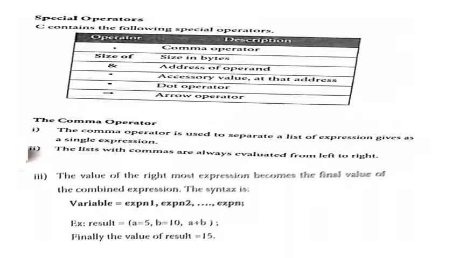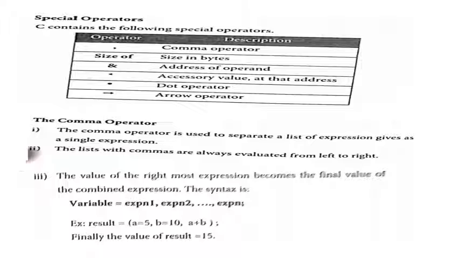Next, special operators. C contains the following special operators: comma operator, sizeof operator for size in bytes, ampersand address operator, star or asterisk for accessing the value at the address, dot operator, and arrow operator. These are the special operators we are using in C programming.